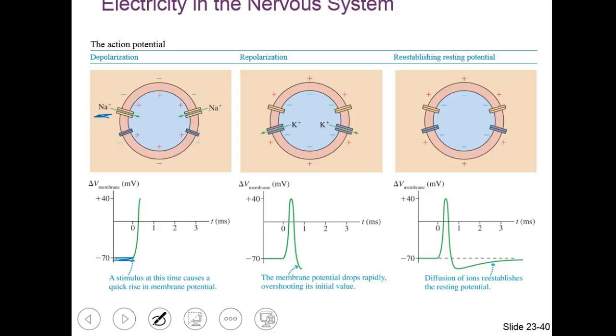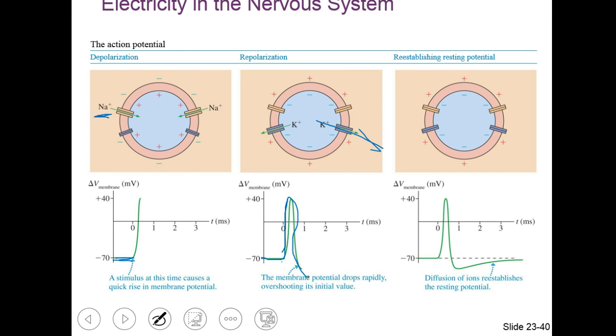And what we see very quickly is that membrane electric potential rising to about positive 40 millivolts, and that's about as much as it can handle, at which point potassium ions begin to shoot out of the cell and repolarize the cell back to its resting potential. But cells always overshoot this, and so they put out more potassium.